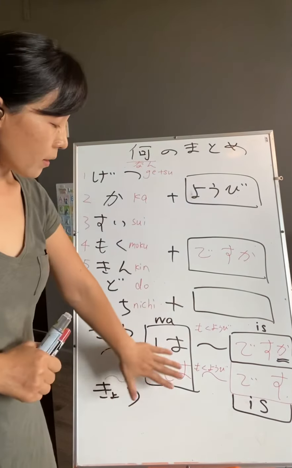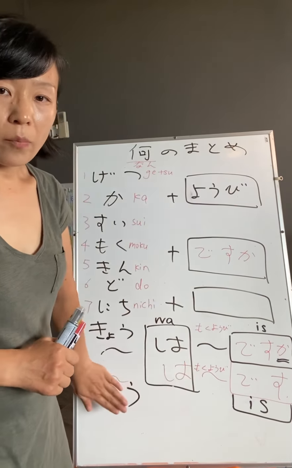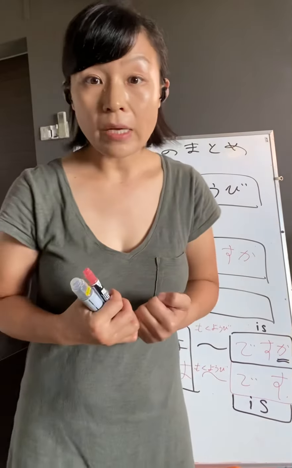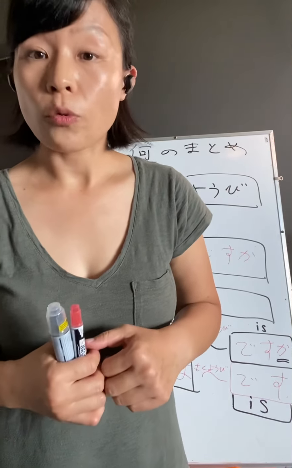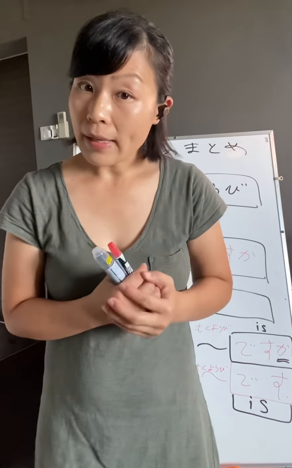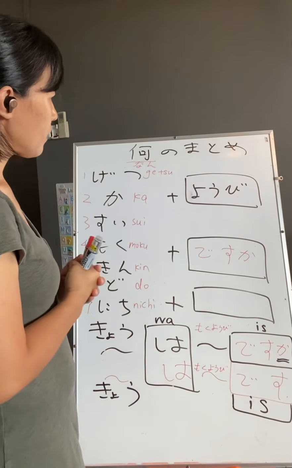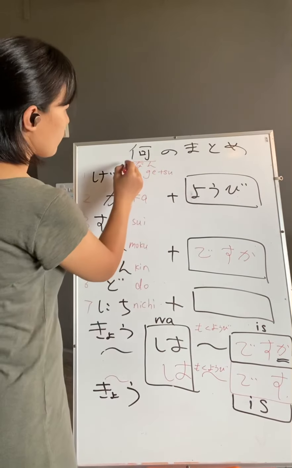Or you can just omit the topic, because during the actual conversation, if we know what we are talking about, we can drop the topic. You can just say 木曜日です。木曜日です。いいですか?